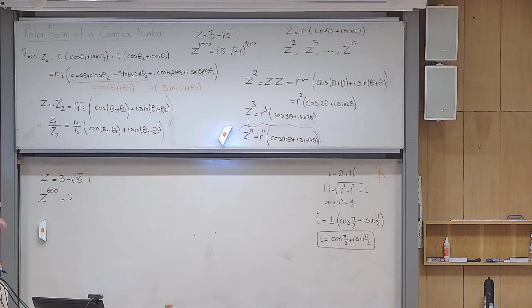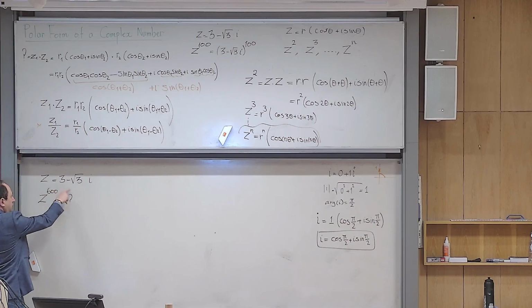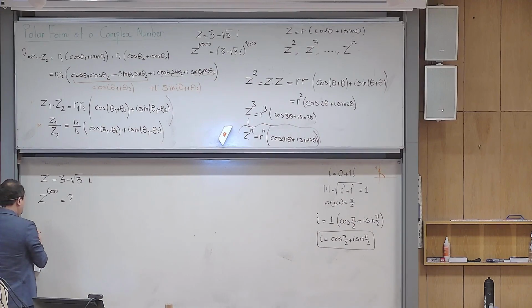Okay, so we want to raise this to the power 600. Be careful. I want to skip some parts, but if this question is given in the exam, you have to do it. The first thing you tell yourself is that this is a complex number raised to an extremely high power, which means you need to use the polar form.